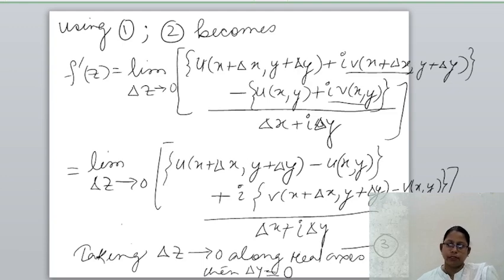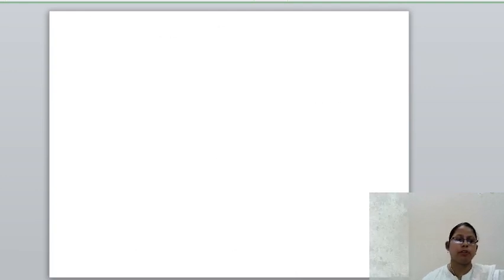If I put delta y equal to 0, these terms become 0. So in the next step, in place of delta z, I have delta x tends to 0.